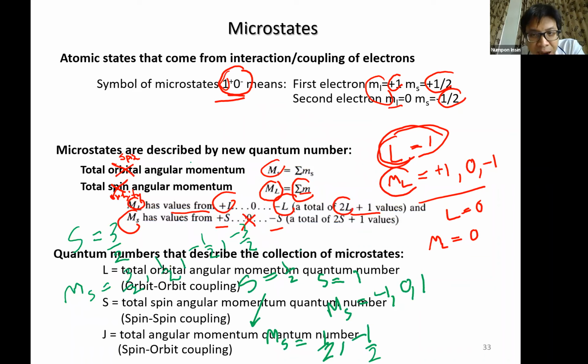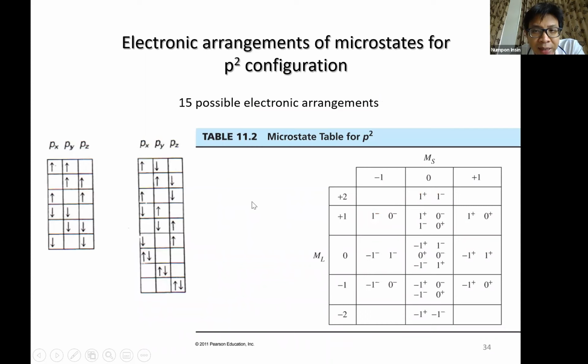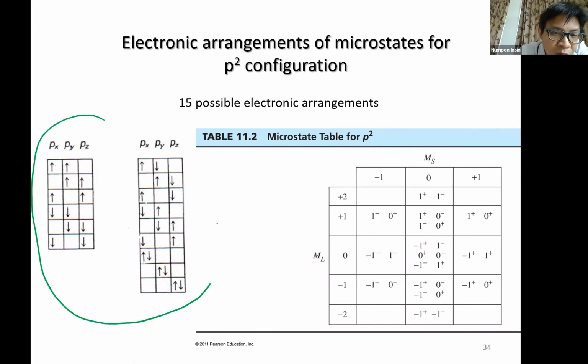First, you find the L and S values, and then later we can find the J. To do this, the simple way is to build a table.